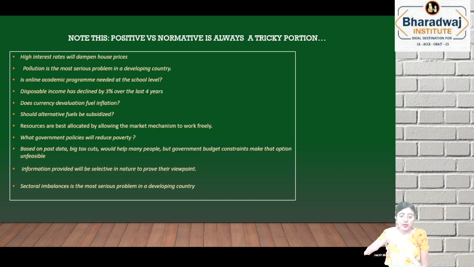My dear students, as I'm going to release the key, please understand one thing. For positive, it will be details, description, data based, verifiable. No suggestions or opinions. It is about what it is, in the present, past or future tense: what it is, what it was, what it will be.